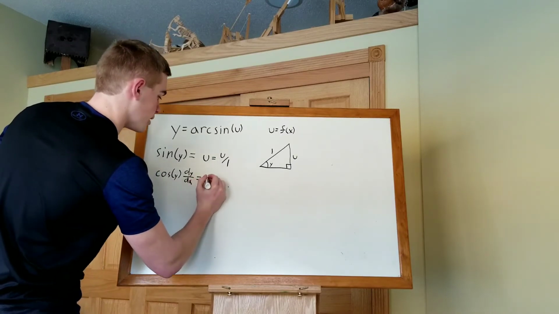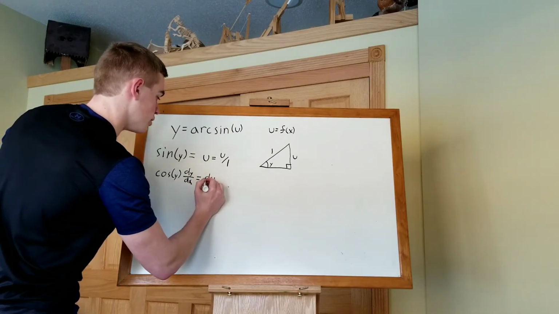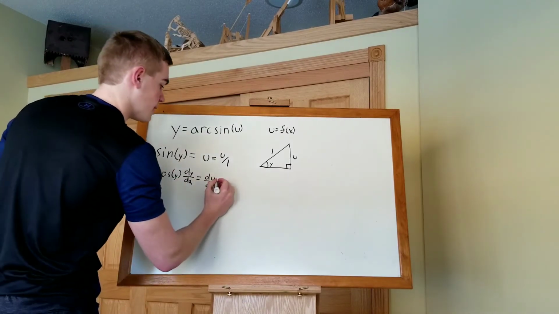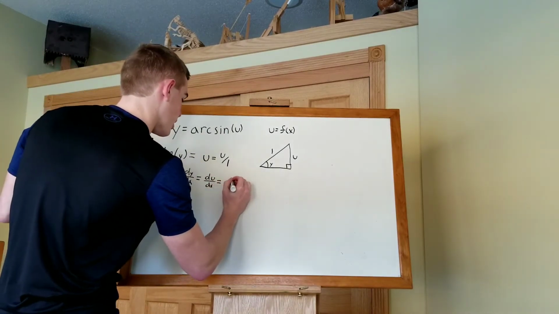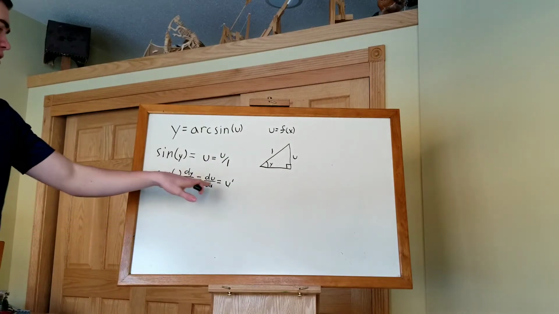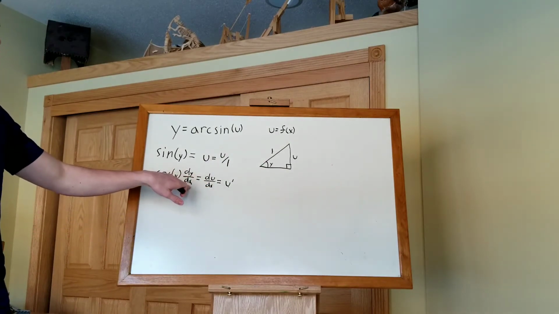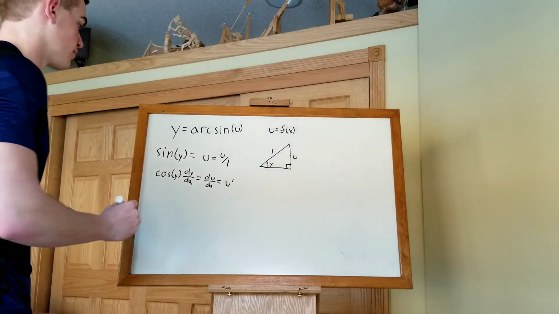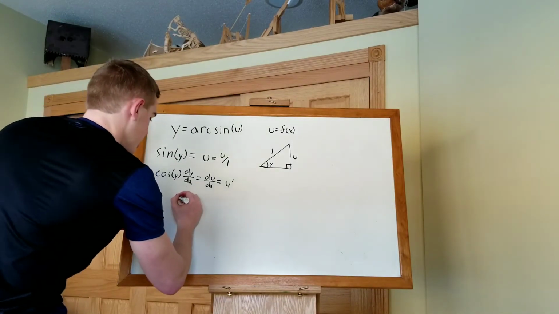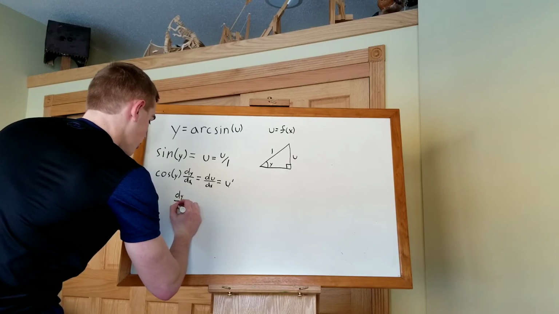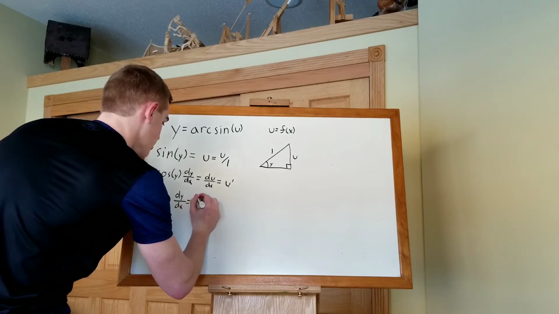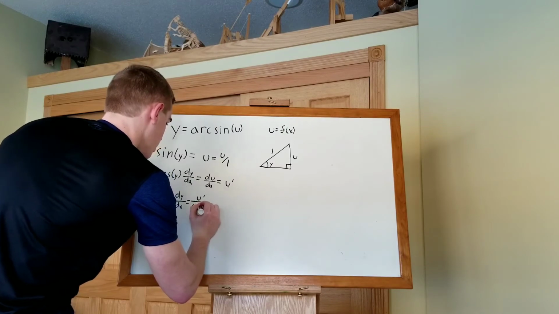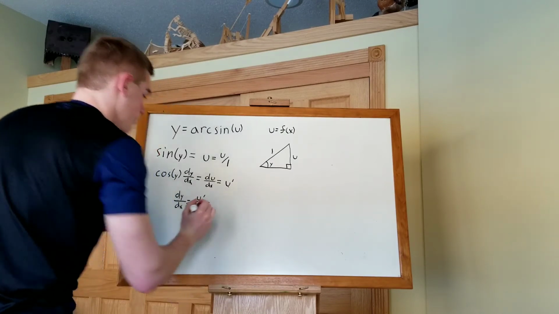And on this side, we're going to get du dx, which I'm just going to simplify and write as u prime. So now, if we're solving for dy over dx, the next step is to divide both sides by the cosine of y. So we're going to get dy over dx equals u prime divided by the cosine of y.